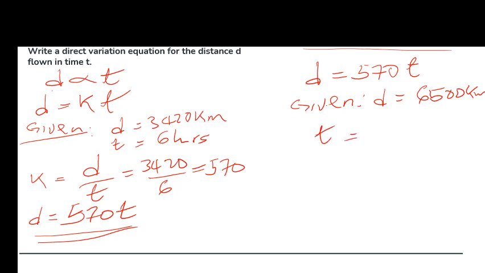We just make t the subject of the formula, so t is equal to d over 570, which is equal to 6,500 divided by 570. Let's put it in a calculator.